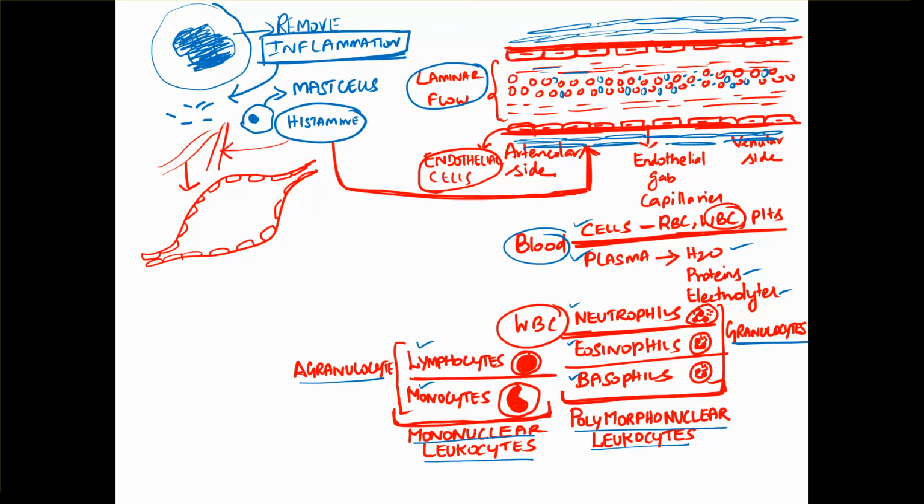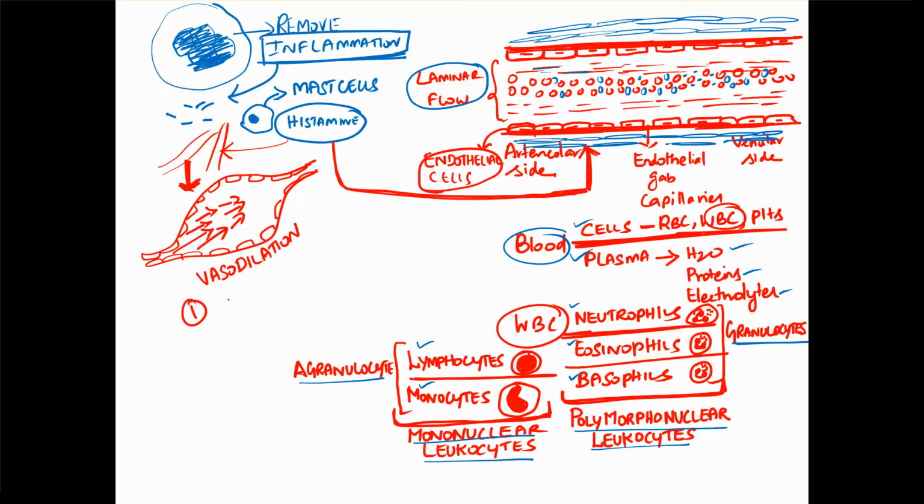So histamine causes vasodilation, which causes more blood to enter the vasodilated area because of more space in the blood vessels. When more blood enters, two things happen.